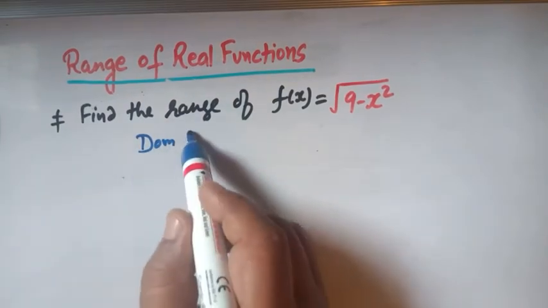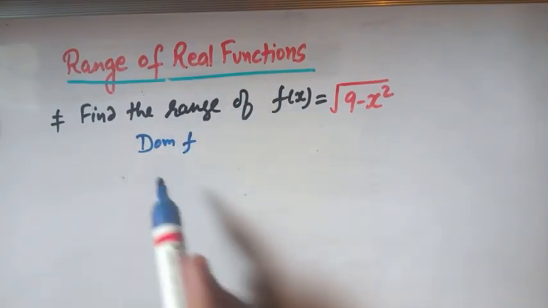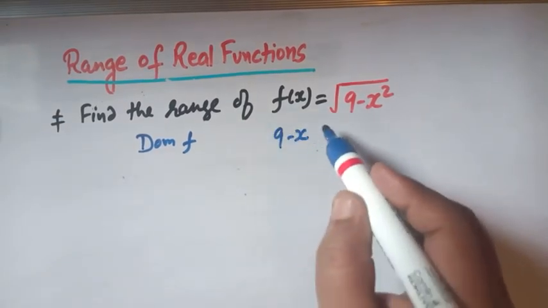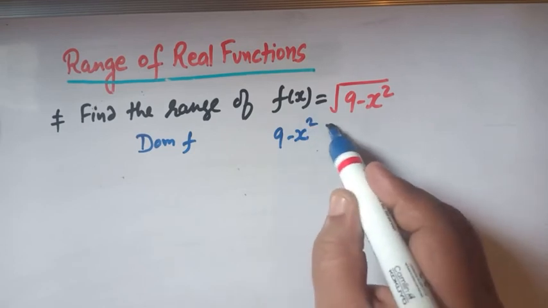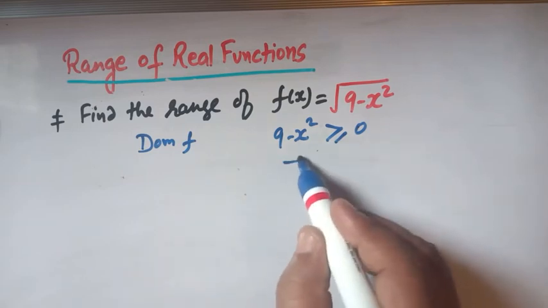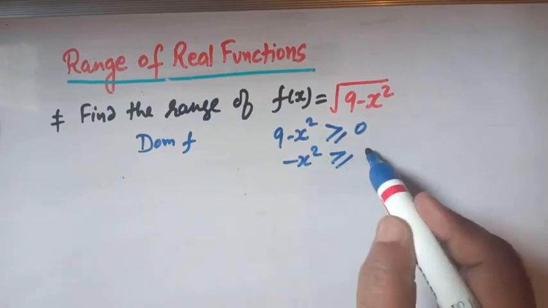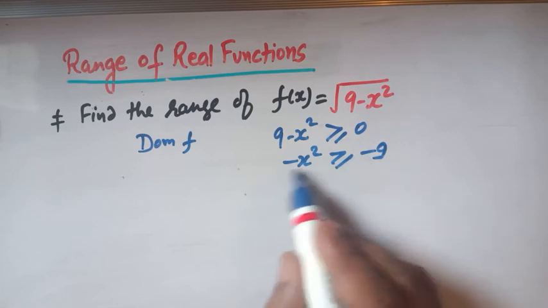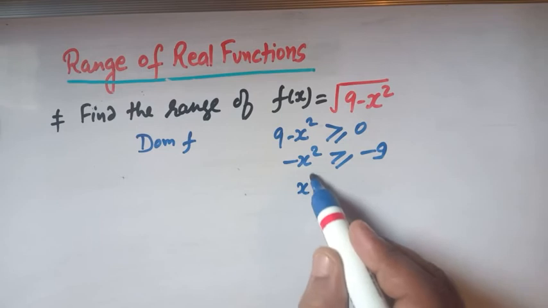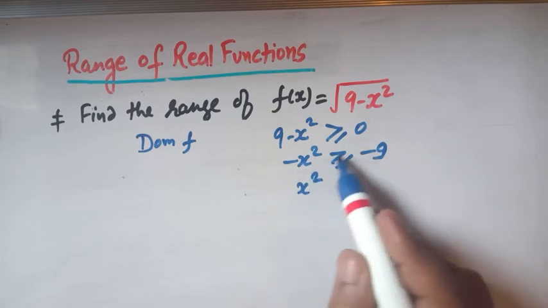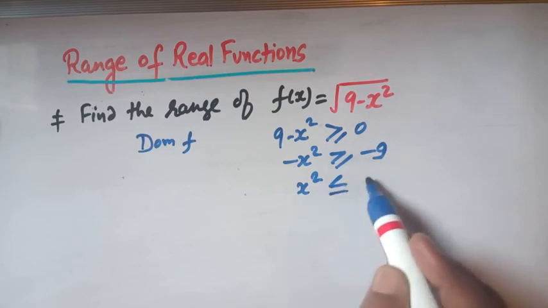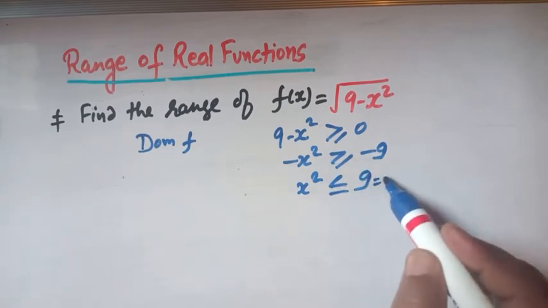Then here we have domain of f is equal to, for those values of x for which 9 minus x square is greater than or equal to 0. So minus x square is greater than or equal to minus 9. Multiplying both sides by negative sign, we will get x square, and the inequality sign gets reversed here.